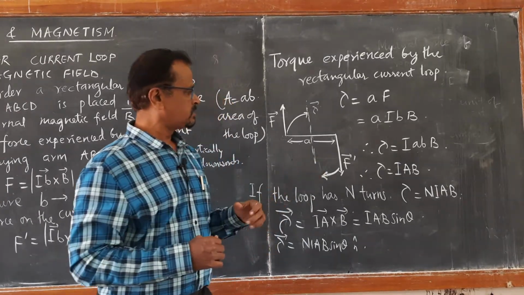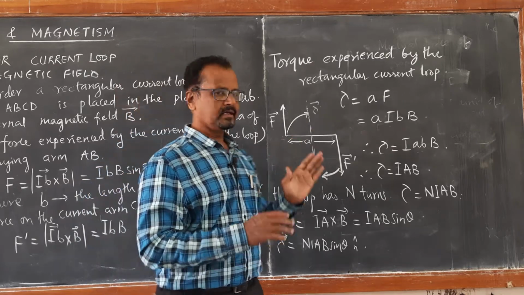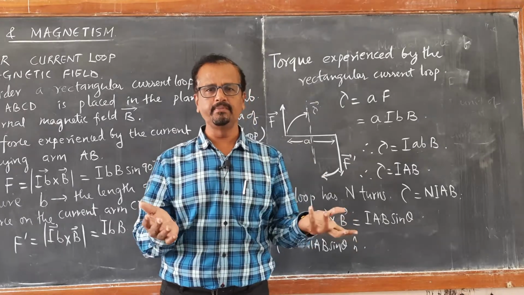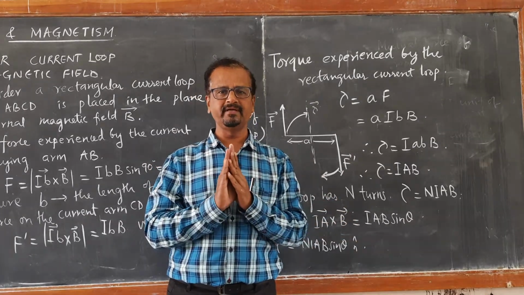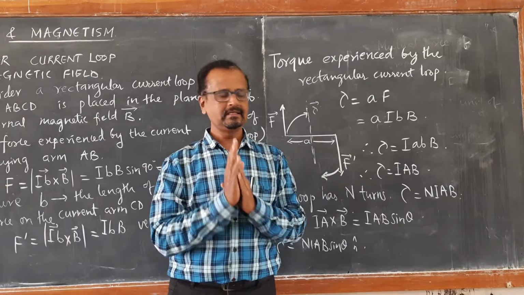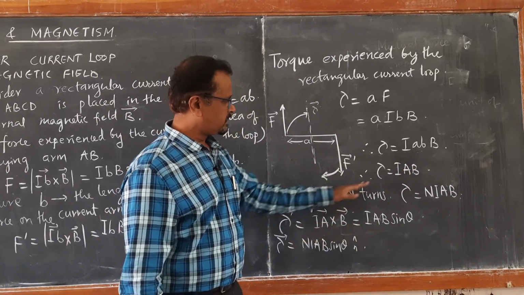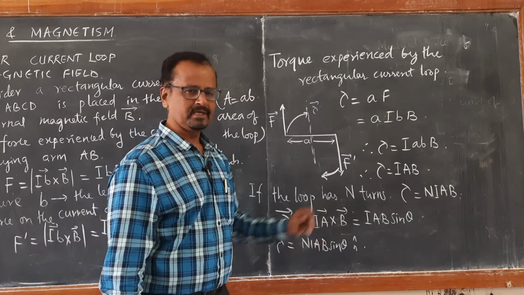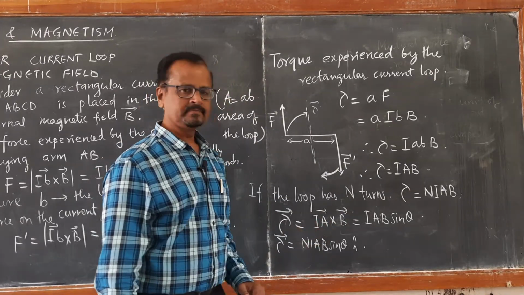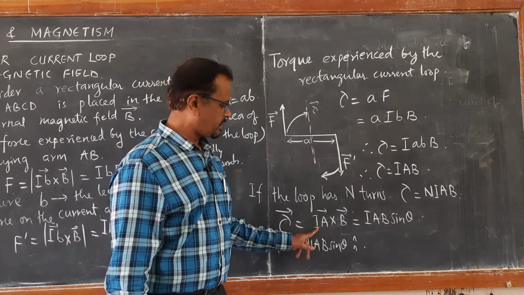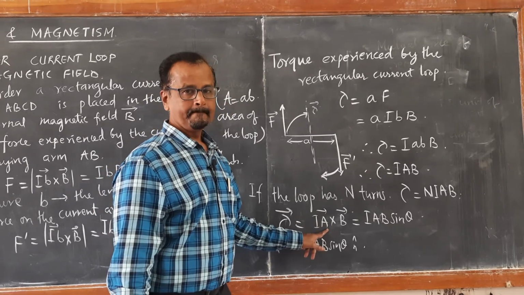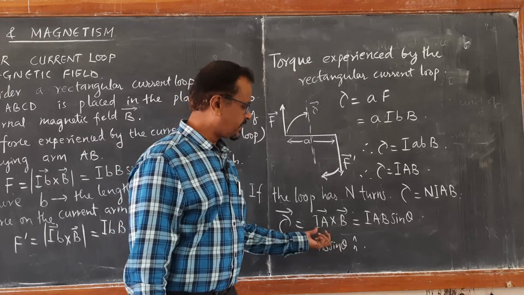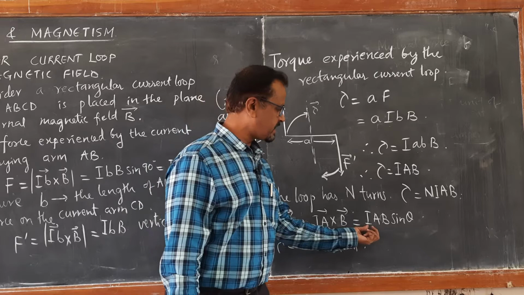This is the very simple case, when the rectangular loop is in the plane of the magnetic field. If the rectangular loop is not in the plane of the magnetic field, if it is making a certain angle theta, then the same thing can be derived. Instead of IAB, we write it as I A cross B, where IA is the current into the area vector of the rectangular loop and B is the magnetic field. Then the same thing can be written as IAB sin theta.